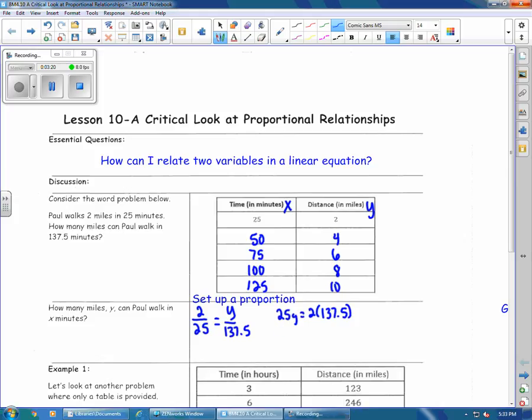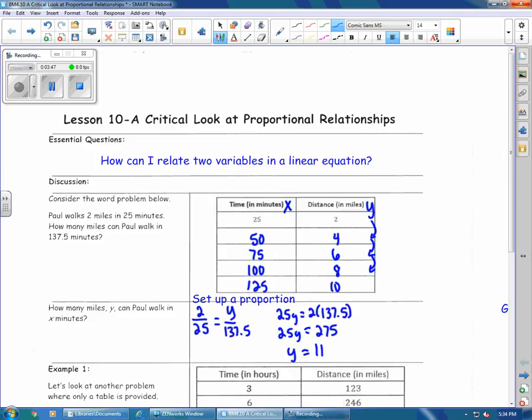So that's going to be 25y equals 275. Divide both sides by 25, and you get y equals 11, which we were able to get when we were filling out the table. But this is just a little bit more efficient if you can use a proportion and set it up.